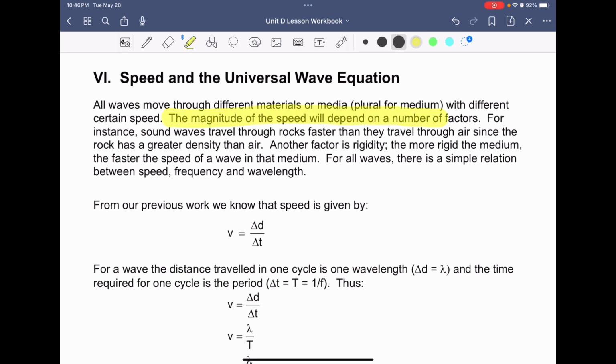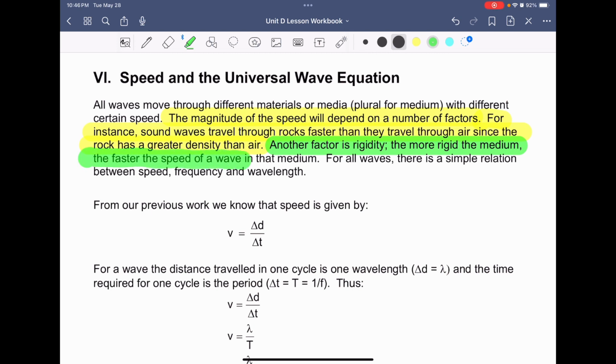The magnitude of the speed depends on a number of factors. For instance, sound waves travel faster through rocks than they will through air, because rock is a denser medium than air. Another factor is rigidity, or how rigid the medium is.